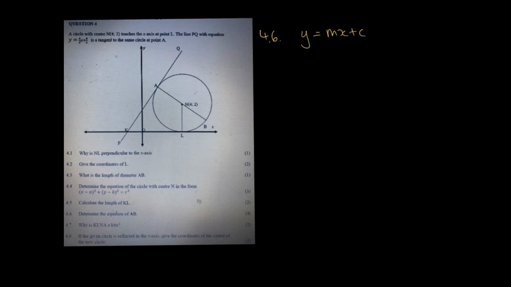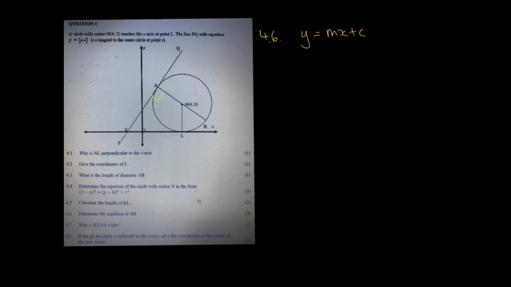We can see that line AB is perpendicular to line PQ. We spoke about that in the beginning. And something very special happens when lines are perpendicular to one another. It means that the gradients of the lines, when you multiply them together, give us negative 1.